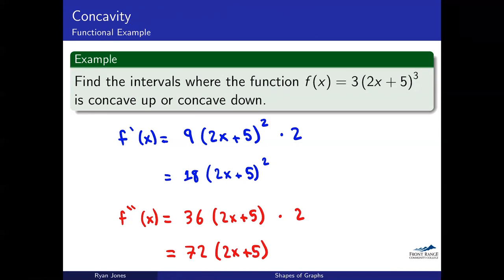And at this point, it's basically the same thing that we did before. Let's go ahead and outline it in the same way. Here the second derivative is 72 times 2x plus 5.